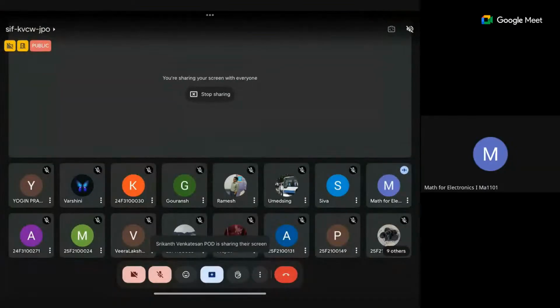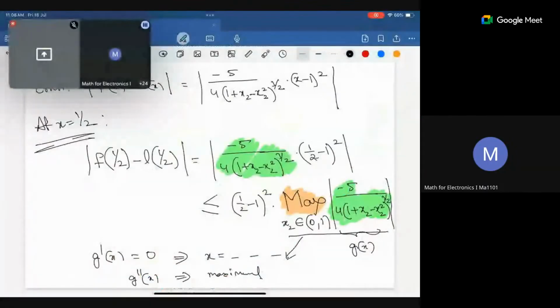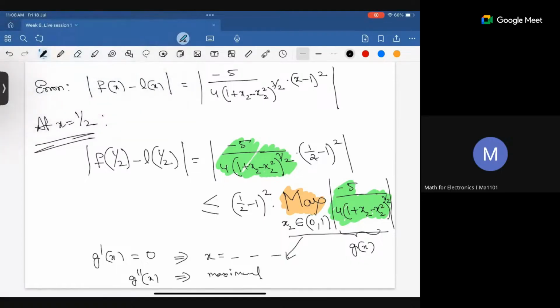Right? So let me present this screen back. So we need the maximum value of the function. We don't need at what value it is giving us the maximum. Actually, we need x2, but this whole thing is about the maximum value of this function.